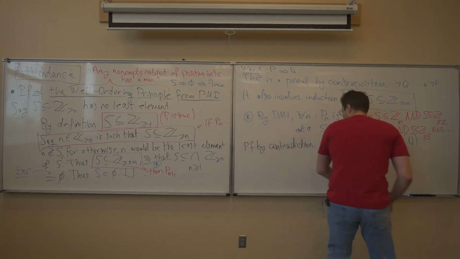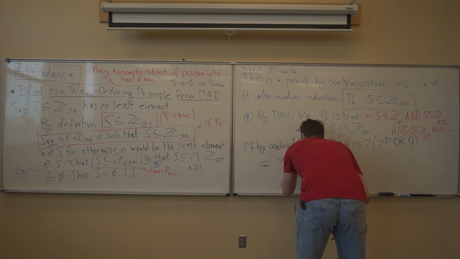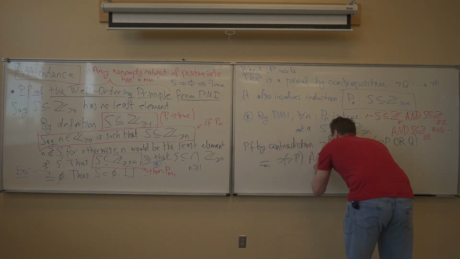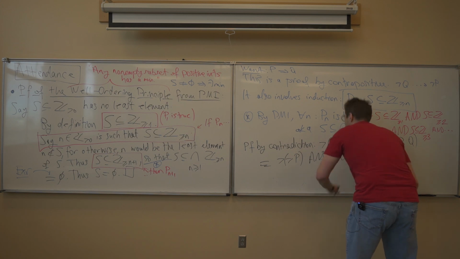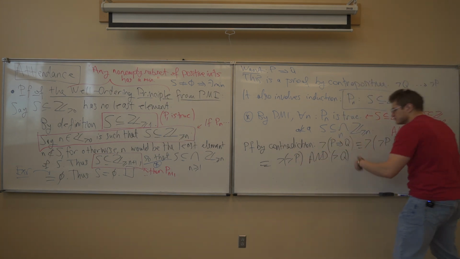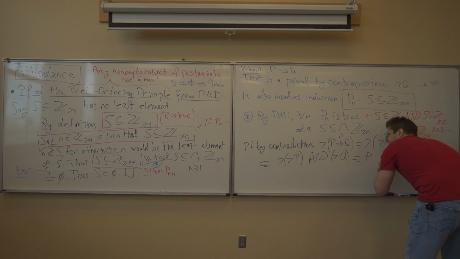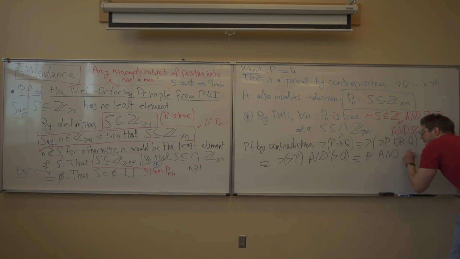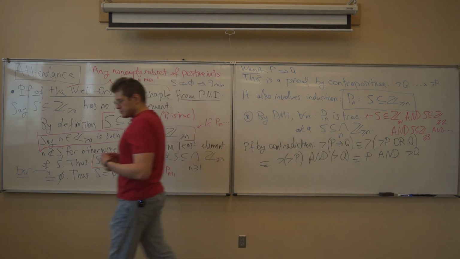So this becomes not P and not Q. But not not P is just P. Okay, so you assume that you have a set S such that it is non-empty and not the conclusion, doesn't have a least element, which is what your colleague suggested. And then you manipulate things to get another proof. Okay.